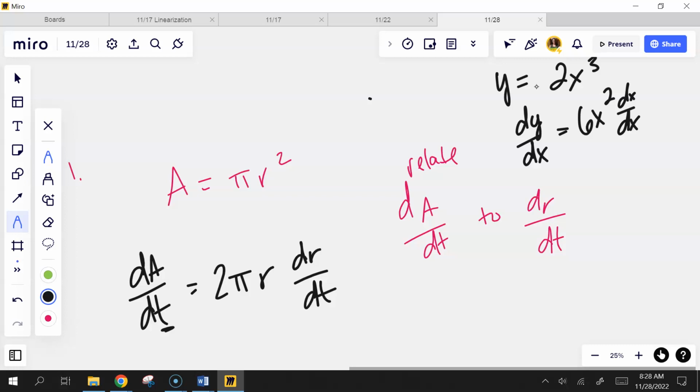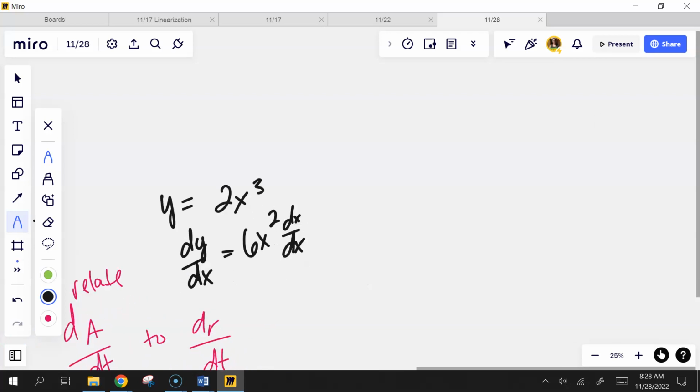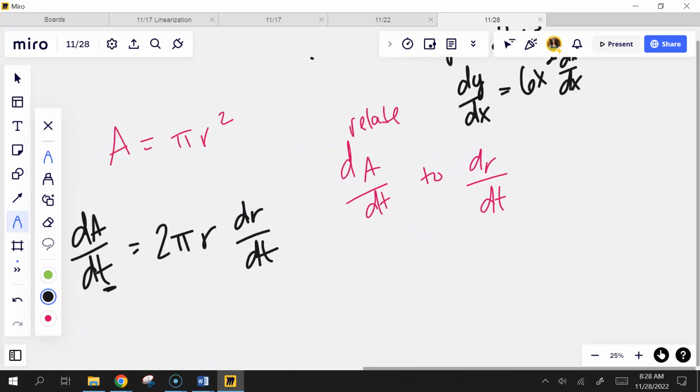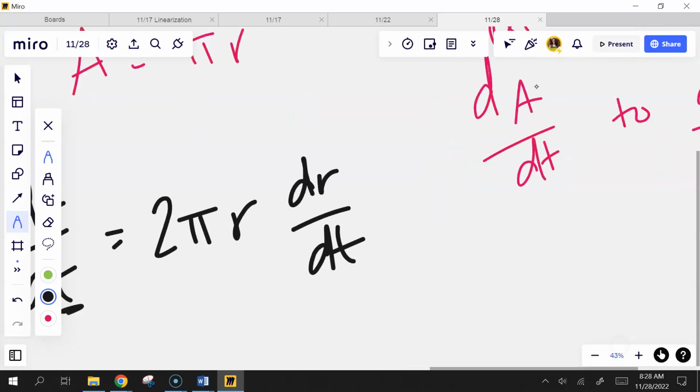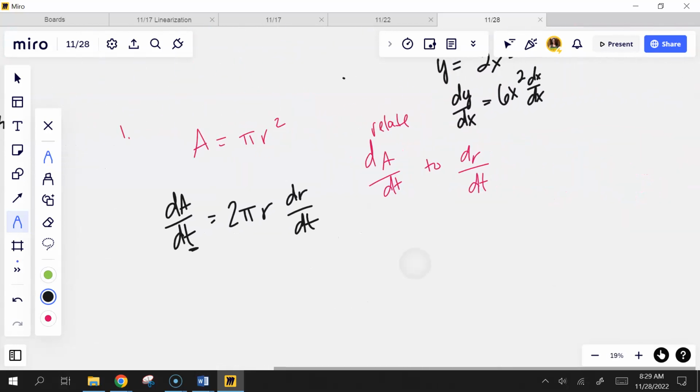Okay, let me think. Let's go back a minute. So they asked me to find the derivative of area with respect to t. In other words, how is the area of the circle increasing or decreasing as a function of time?